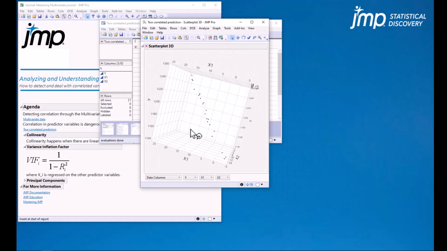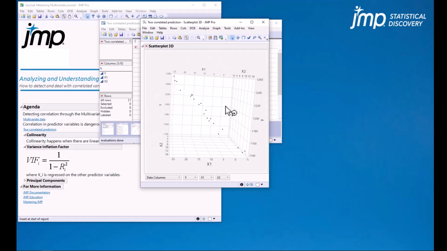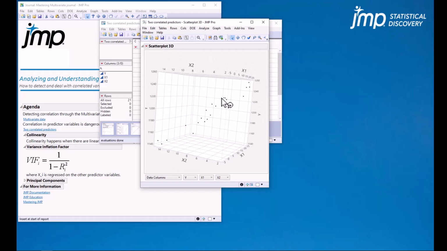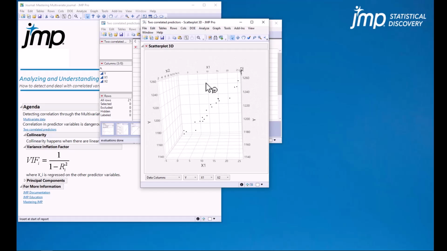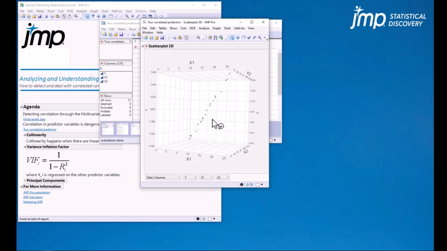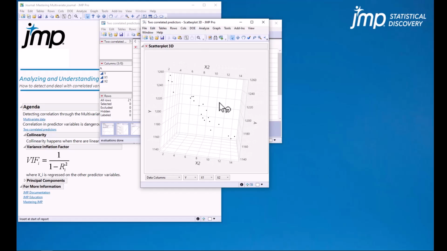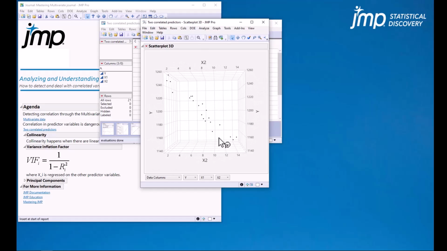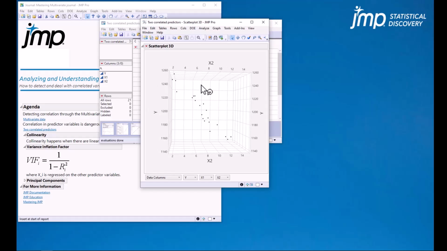I've got Y on the Y-axis, X1 is on the horizontal axis, and X2 is going back into my monitor. You can see that positive relationship. And if I spin it this way, you can see the negative relationship between Y and X2.